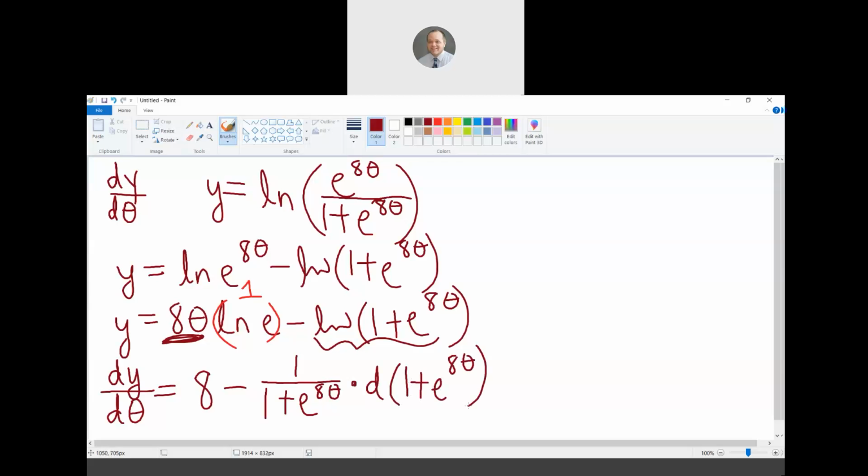Now, as a sidebar, we need to use another one of our derivative rules to take the derivative of e to the 8 theta. It is e to the 8 theta times the derivative of 8 theta.